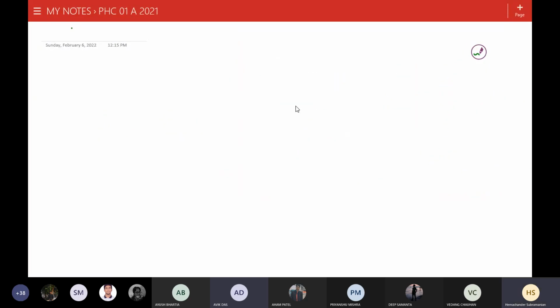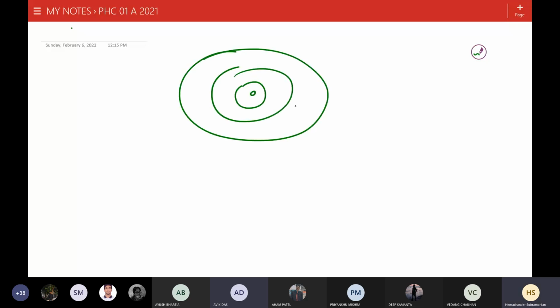So let's talk about waves. The first thing we want to get out of the way is the speed of waves. Let's say you have a pond and you throw a stone in the pond and you have these waves propagating from the center to the periphery. What do you think is the speed of the wave?